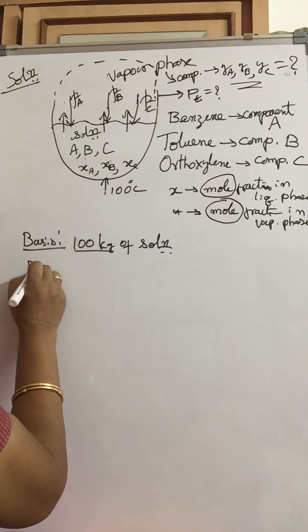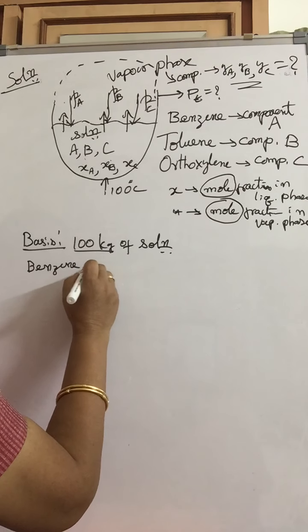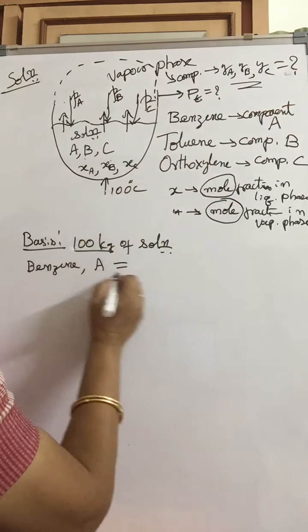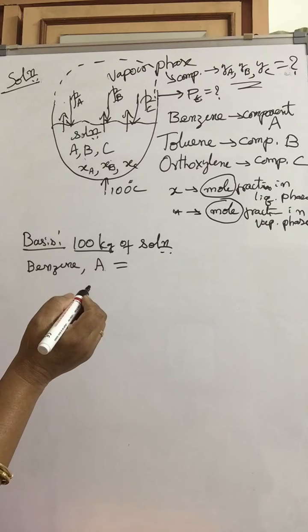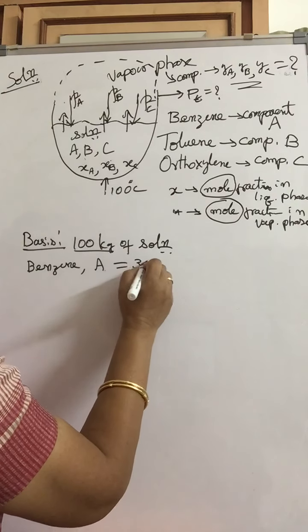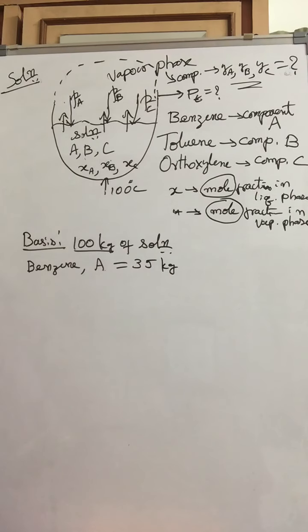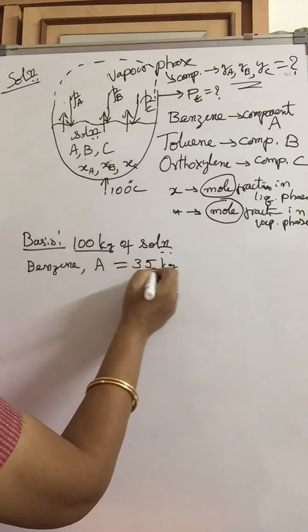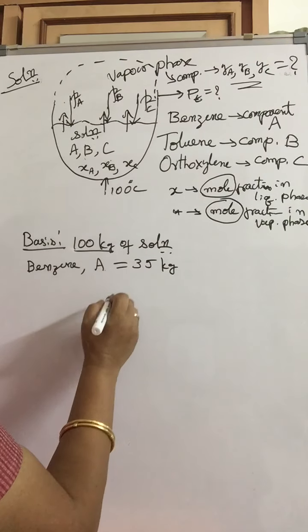Benzene, of course, every time you need not write, because we already assumed that benzene is component A. So how much is benzene here? 35%. That is 35 kg, out of 100 kg. That is the meaning of 35%.